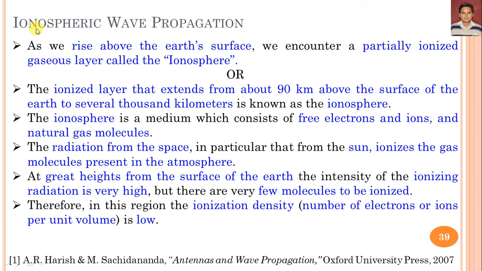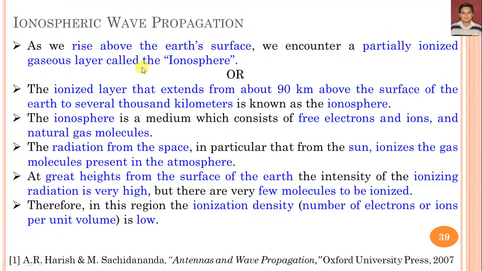So first we need to discuss ionospheric wave propagation. As we rise above the Earth's surface, we encounter a partially ionized gaseous layer called the ionosphere, as we discussed in lecture 1 during the different modes of propagation, covering the tropospheric region and the ionospheric region. The tropospheric region we discussed in lecture 2 of this series, and we are going to discuss ionospheric wave propagation in this lecture 3.